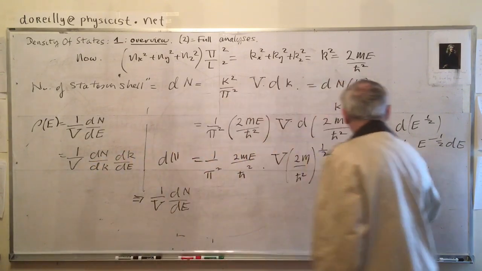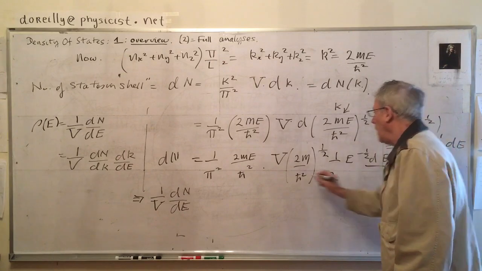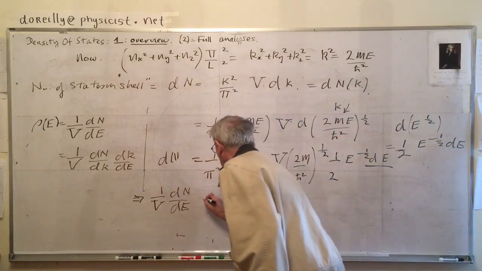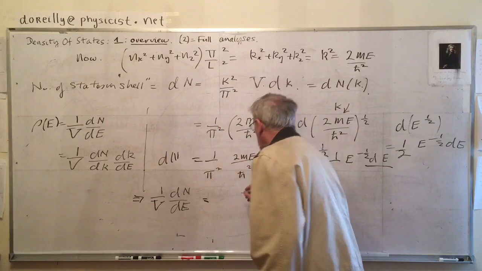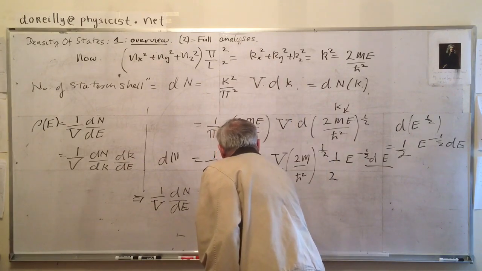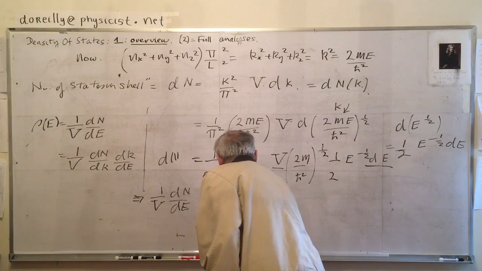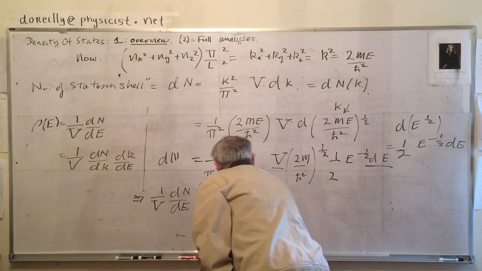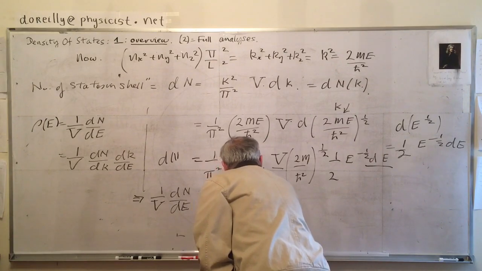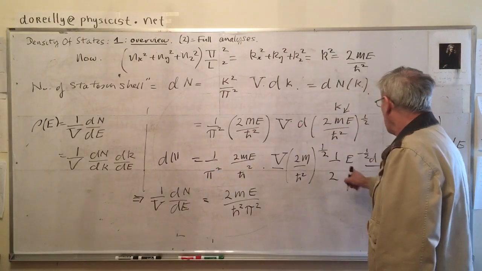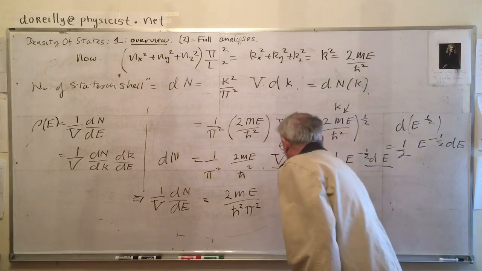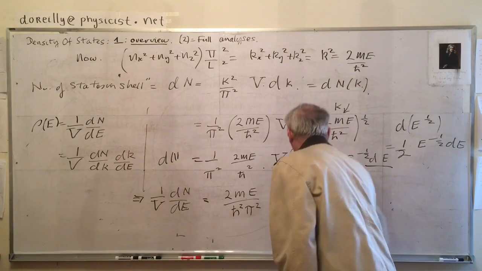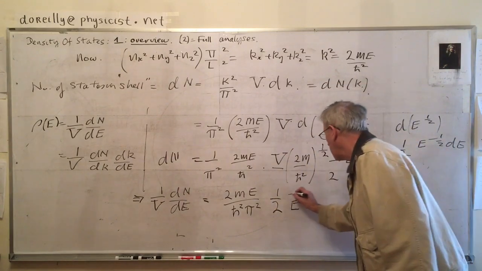So now I'll divide by dE and V. This and this go over to this side. Well, it's going to be 2mE over h cross squared pi squared times one half E to the power of a half.